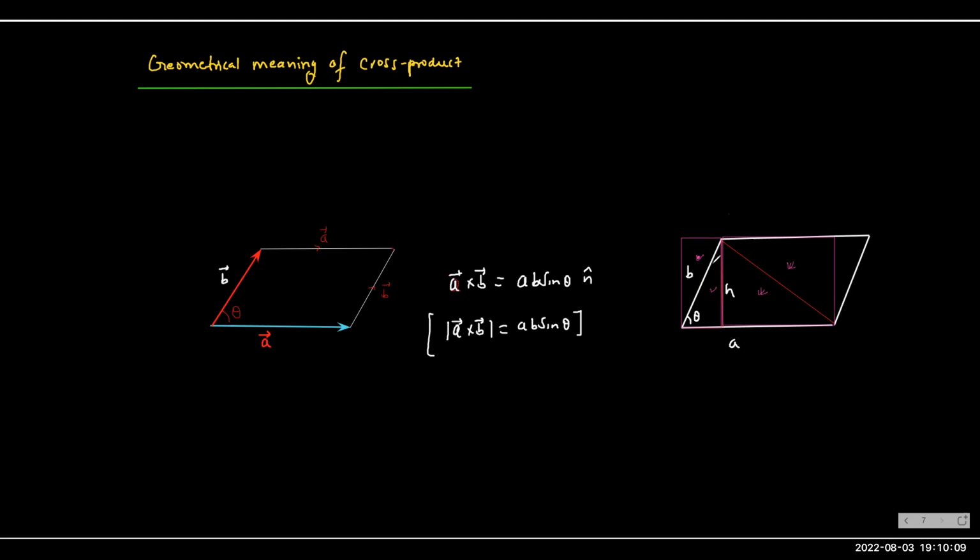And therefore, the total area of the bigger rectangle is how much? A into H, right? A is the entire base, H is the height, so the width is H. So the entire area is A into H.